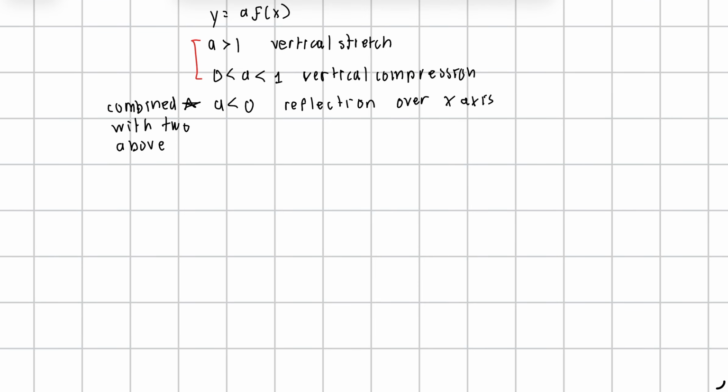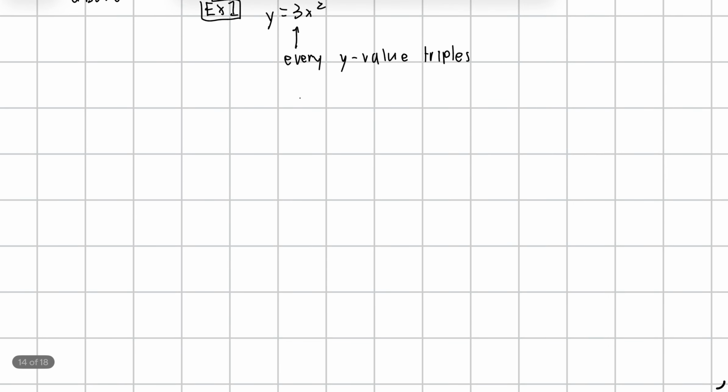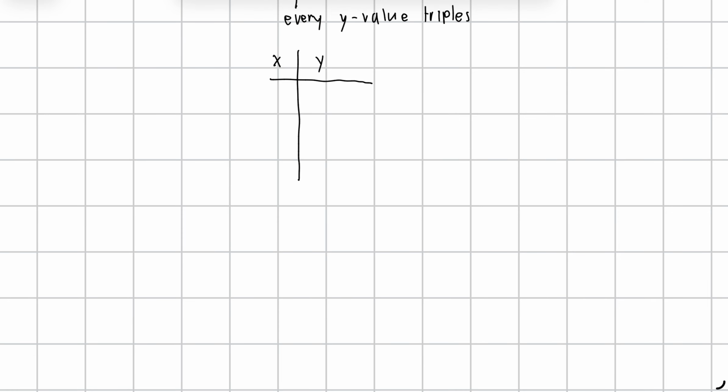Now, let's look at an example of this. If you have y equals 3x squared, what we're going to have is that this 3 is going to cause every y value to triple. So let's look at this with a table. If we have x here, and then we have y equals x squared as our original, originally we had 1 and 4 for 1 and 2.